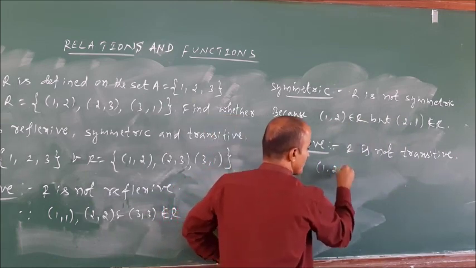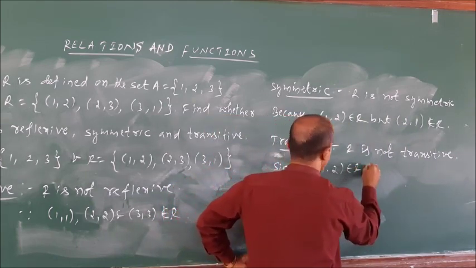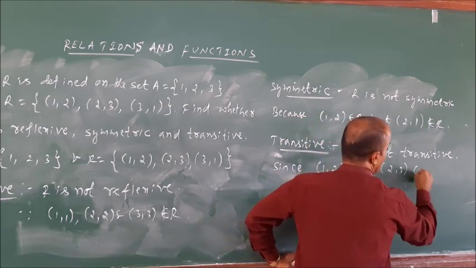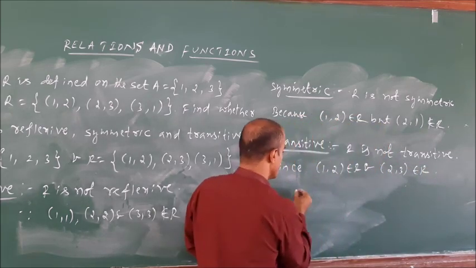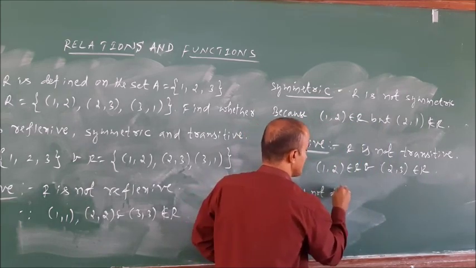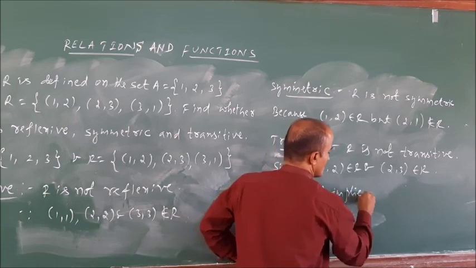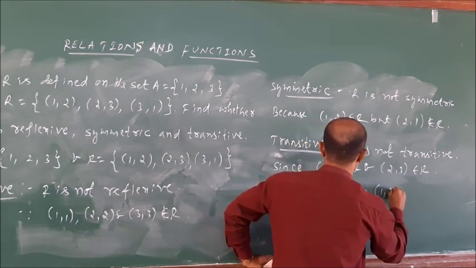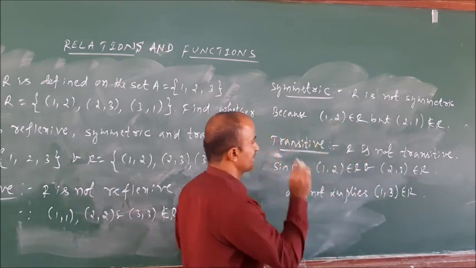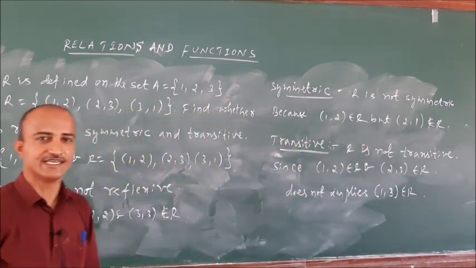Since (1, 2) belongs to R and (2, 3) belongs to R does not imply (1, 3) belongs to R. Therefore, it is not transitive.